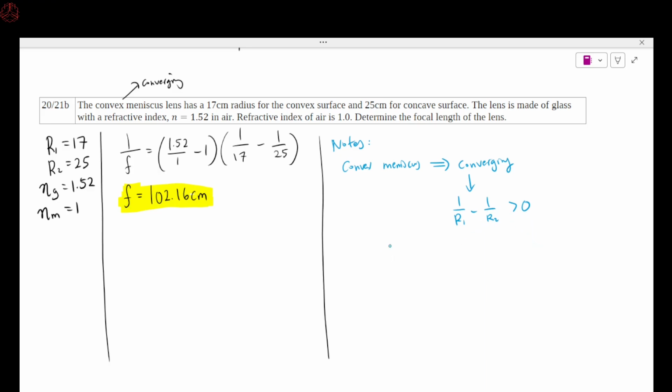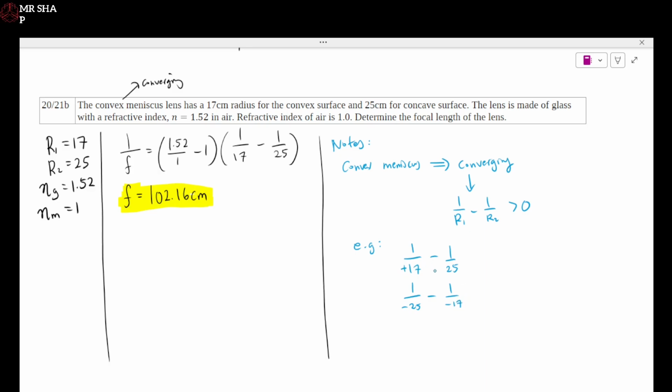This is achieved, for example, by having 1 over 17 minus 1 over 25. What other ways can I achieve this? I can also have it the other way around, which means 1 over negative 25 minus 1 over negative 17.